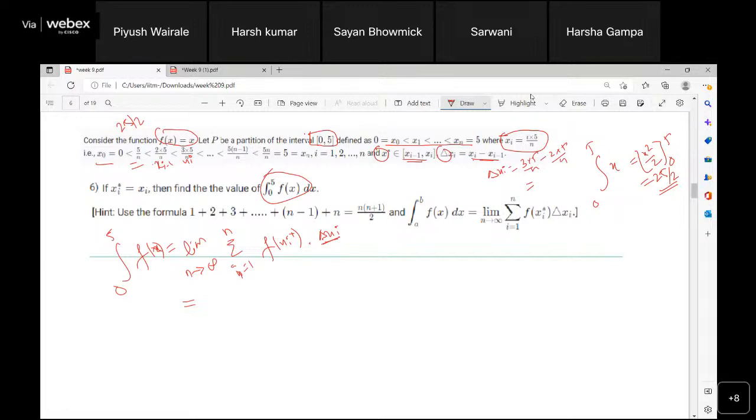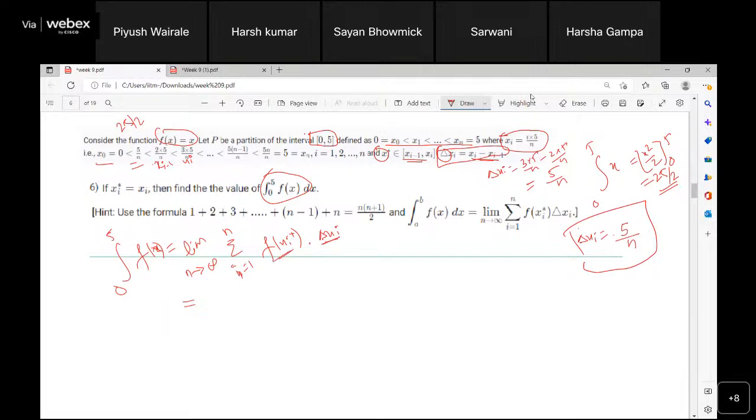You can put any number and you will get the difference ultimately 5 by n only. So my del of xi is 5 by n.